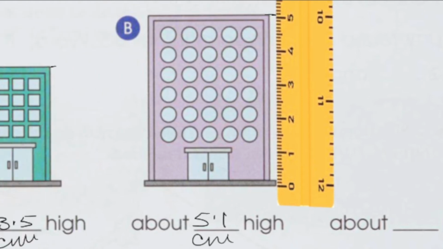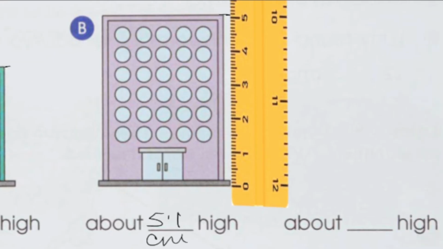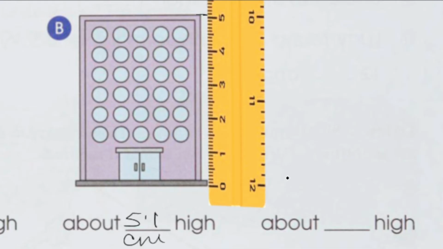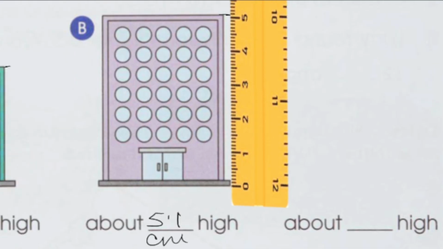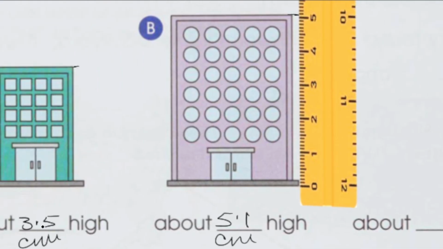Now they say draw a tree that is taller than A but shorter than B. So we have to draw a tree. That means that should be more than 3.5. So the smaller door was 3.5. So we have to draw a tree between these heights, greater than 3.5 and less than 5.1.